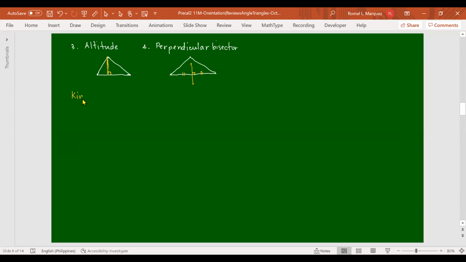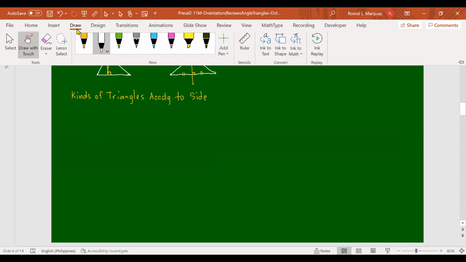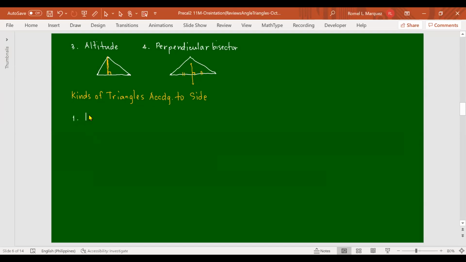What about kinds of triangles? First, kinds of triangles according to sides. Mark, you answer. According to sides. Equilateral po. Equilateral. Okay, number 1, equilateral.